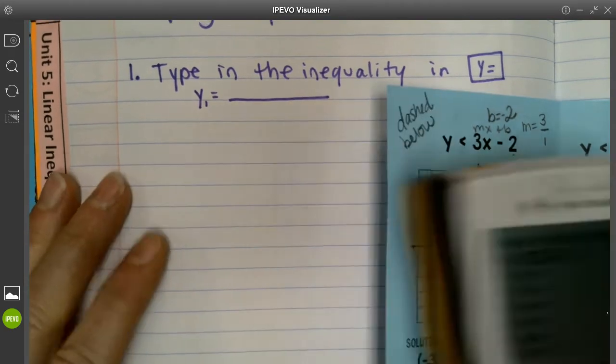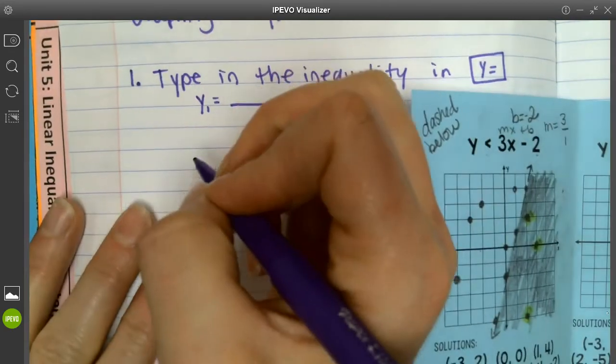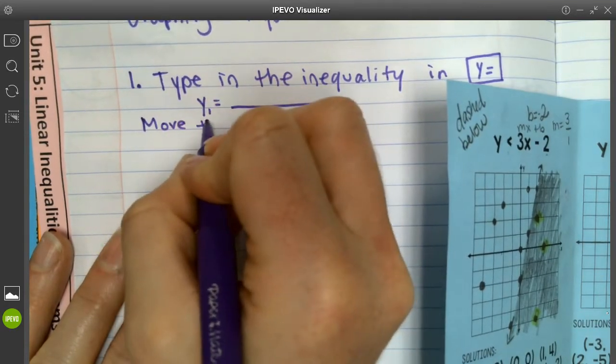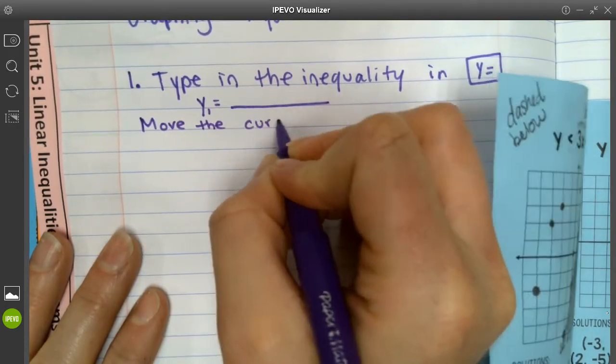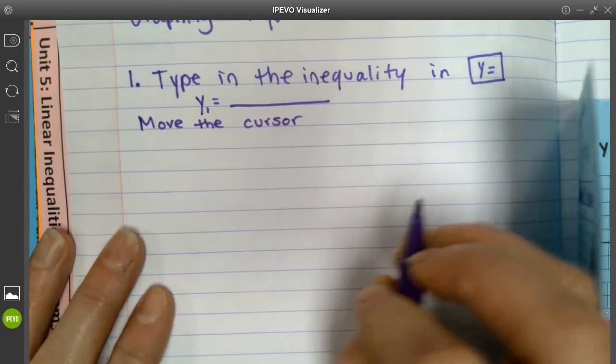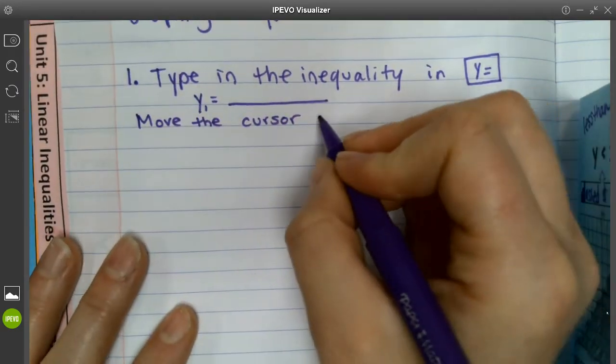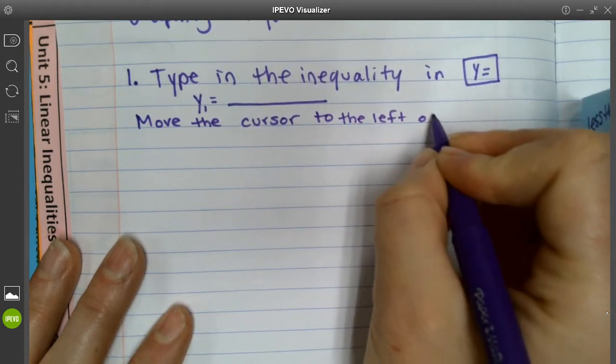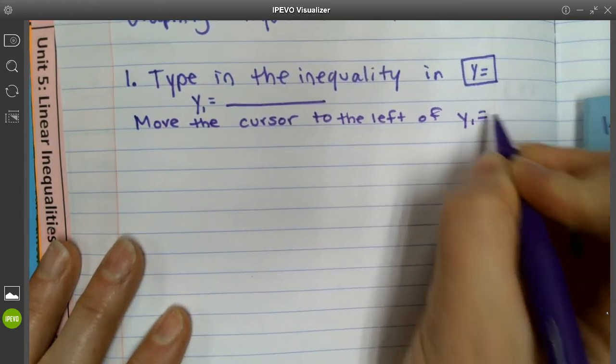Okay, so let me go ahead and have y'all write something down. Move the cursor to the left of y1 equals.